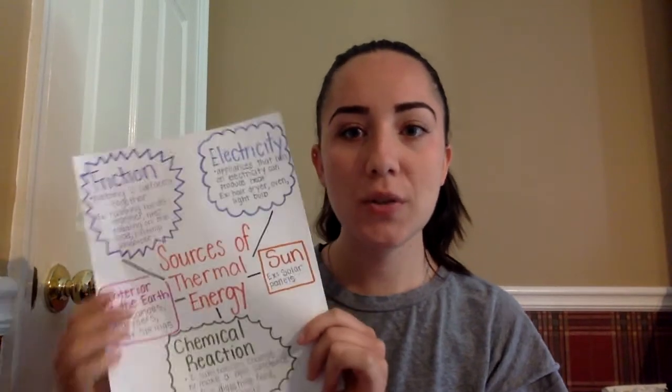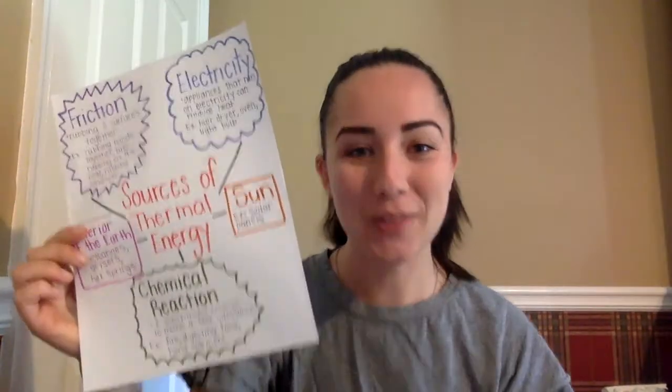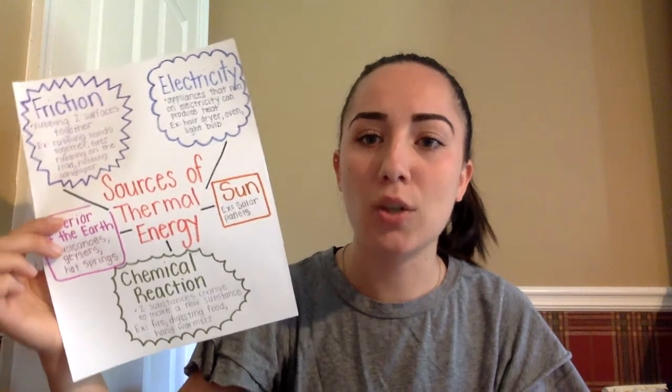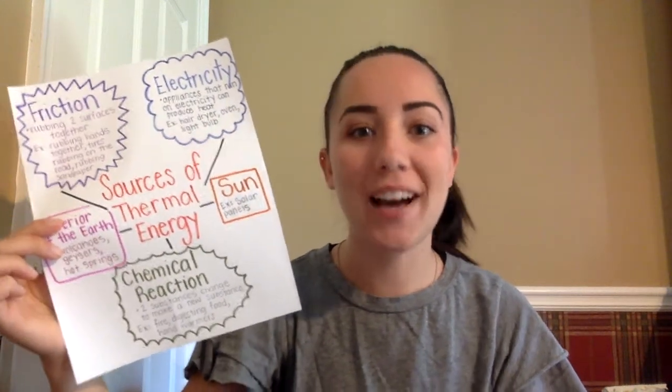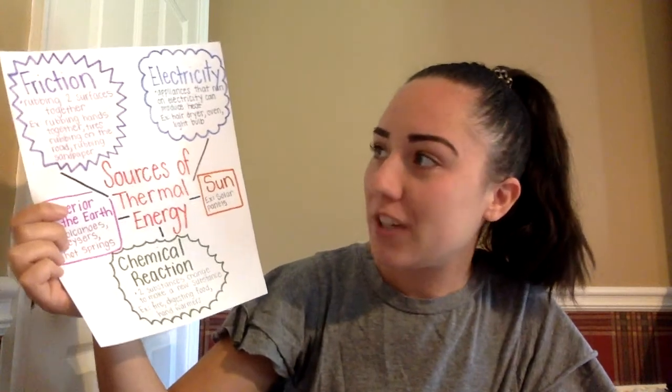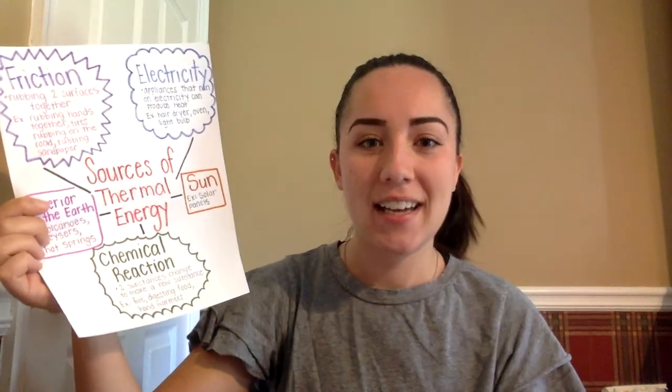So the first one you said was the sun. That's simple, right? I even have sun right on this poster. So the sun is a source of thermal energy. The next thing you said was a wood burning fireplace. That's a good one. So I know if we go through each of these, friction. Is the fire rubbing together to make heat?